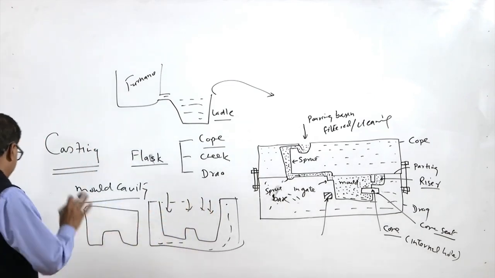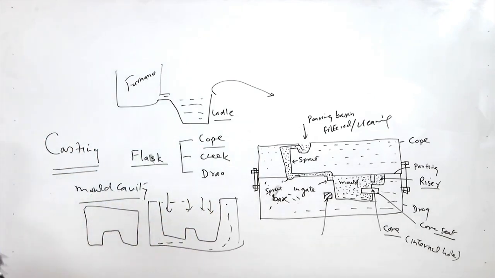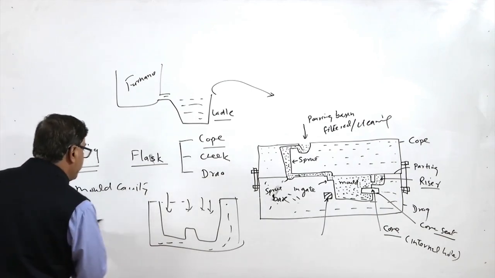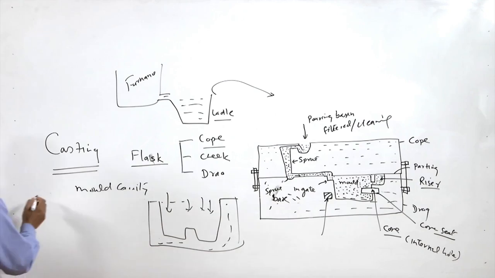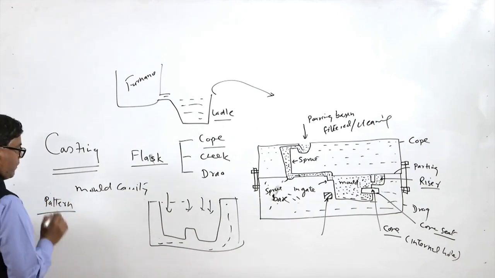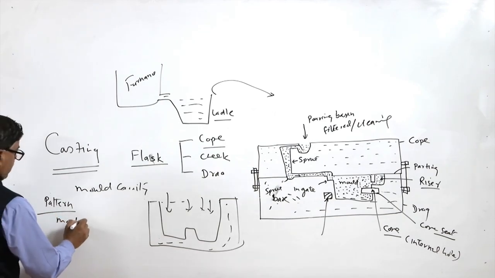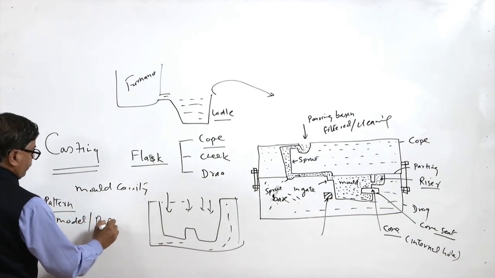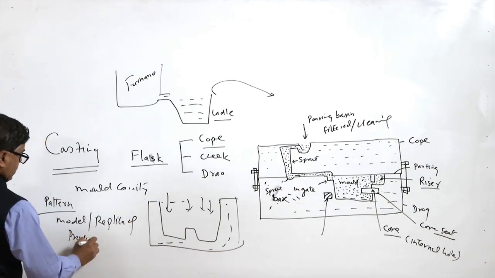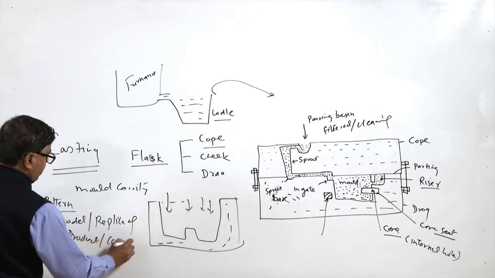So, in order to prepare this cavity in the sand mold, we need to first of all make a pattern. Pattern is nothing but a model or replica of the product or casting to be made.